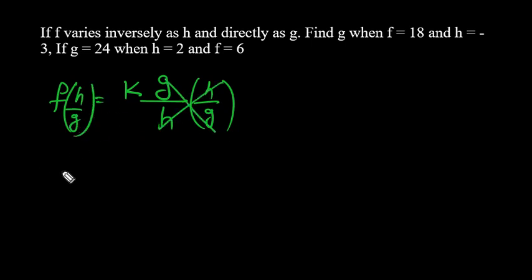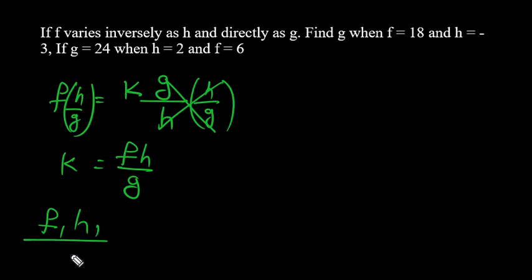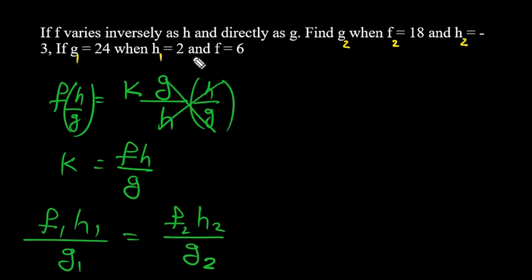The constant of variation is fh over g. Now you rewrite the equation: f1 h1 over g1 is equal to f2 h2 over g2. Now find g, so this time I'm taking this as g2, f2, h2, g1, h1, f1.